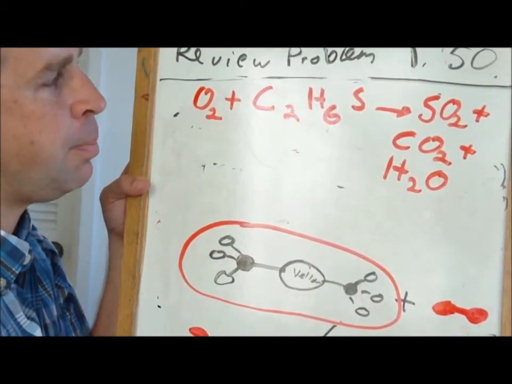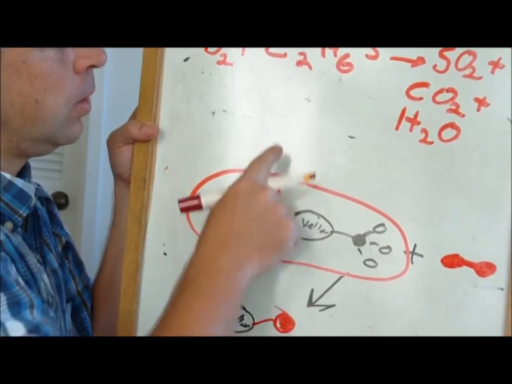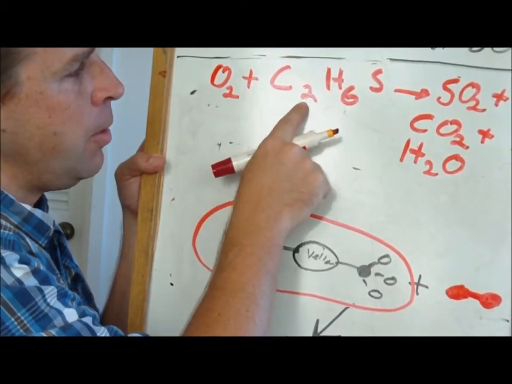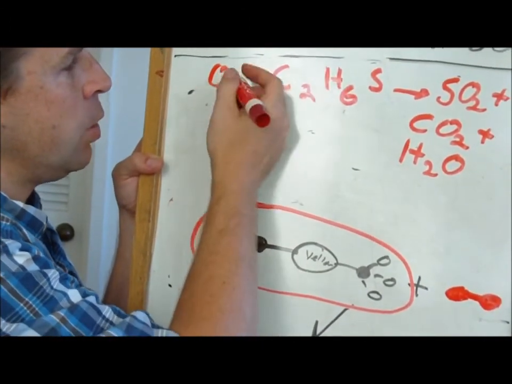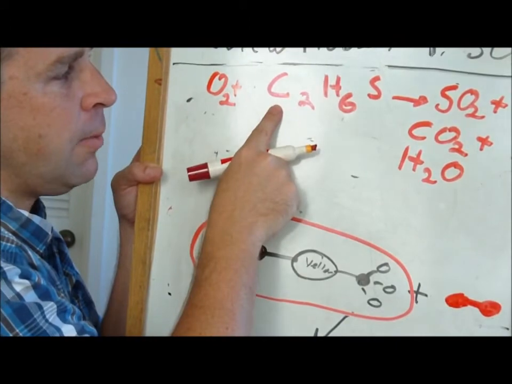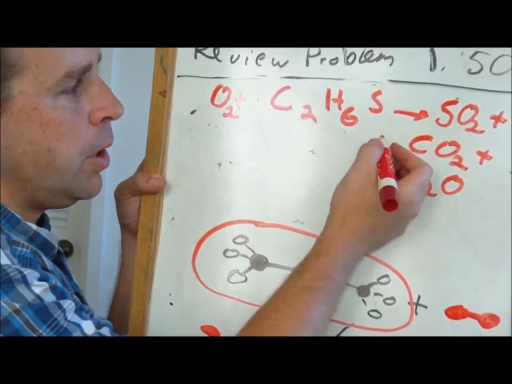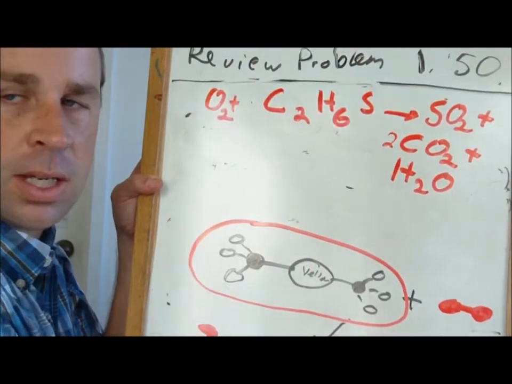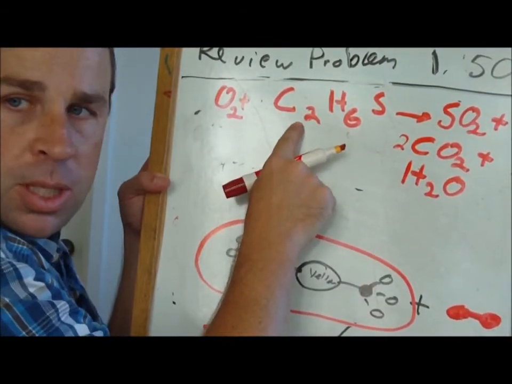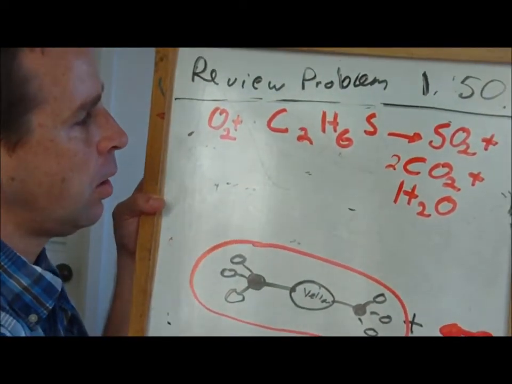Okay, so we want to balance this equation. Well, if we start on the left with our carbon, we see we have 2 carbons, so we're going to need 2 carbon dioxides, 2 carbons on the right. So now there's 2 carbons on the left and 2 carbons on the right. We look at the hydrogen.